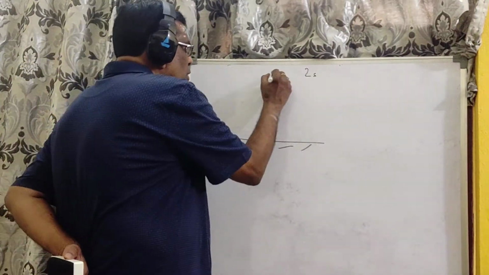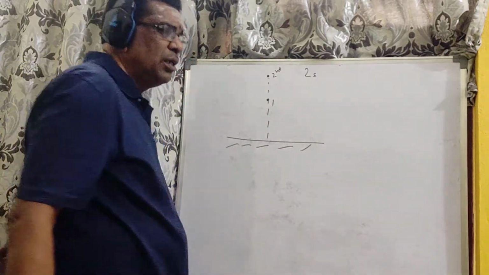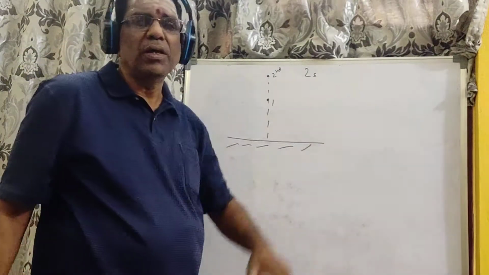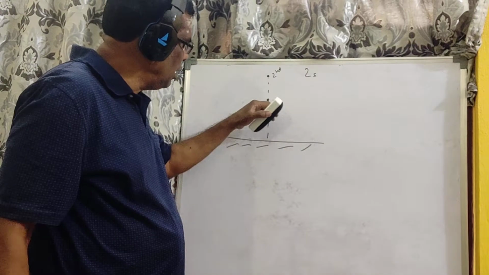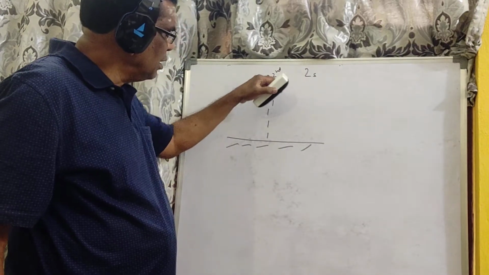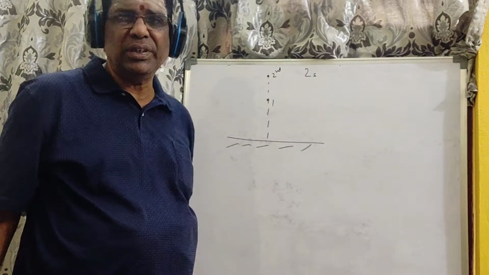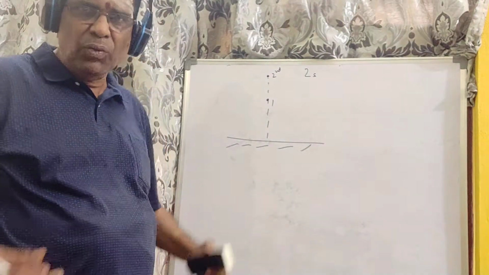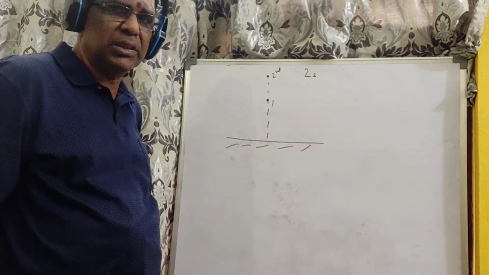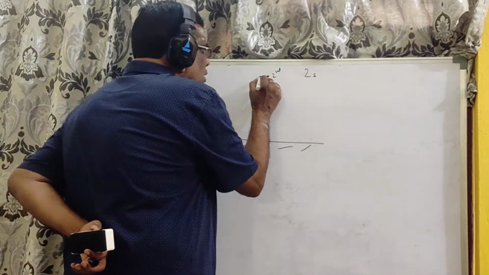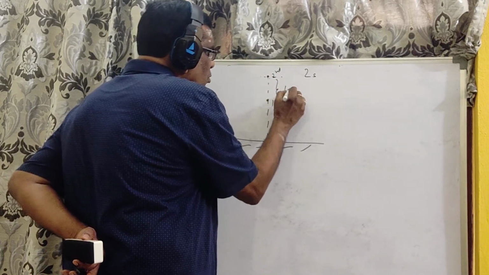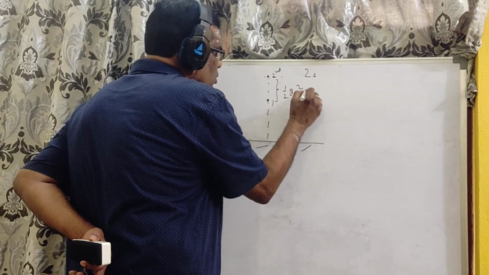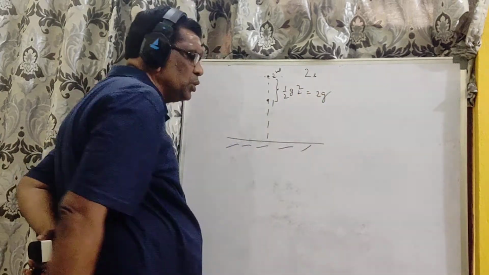So this is the first body, this is the second body. What is the time interval given? 2 seconds. Now, what is the initial height difference between these two? Simple. From this height, in 2 seconds, how far must it have come down? Half g into 2 square, that is equal to 2g.